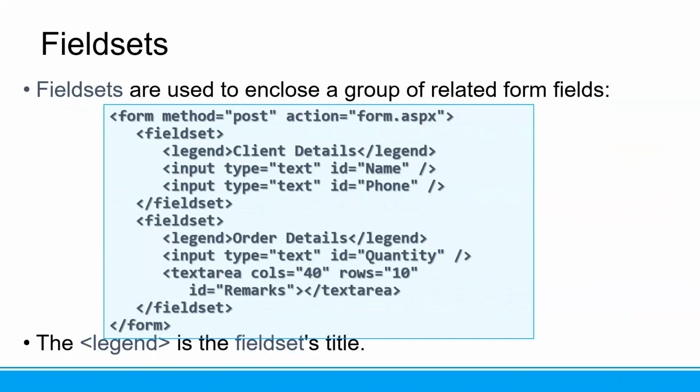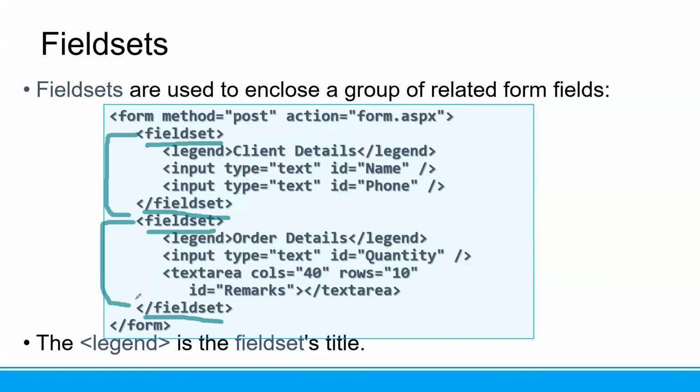We have field sets. A field set is a set of related form fields. For example, in this case, we have one field set, two field sets. So this is the first, and this is the second.